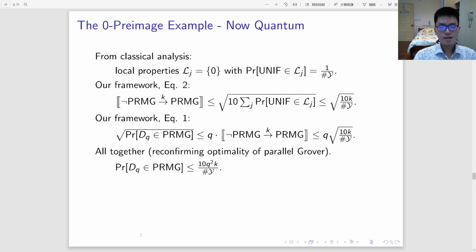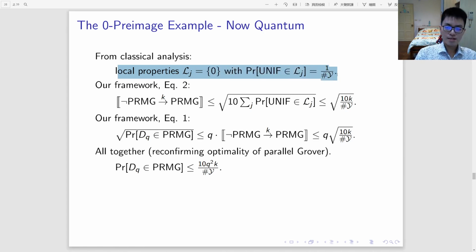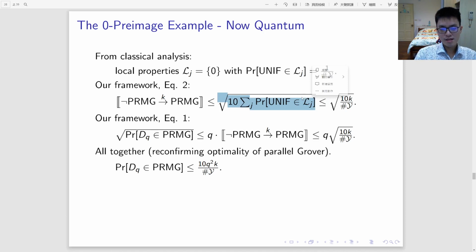Now let's see how we use our framework to prove the hardness of the zero preimage problem in the quantum setting. So first, recycling from classical analysis, we obtain the local properties and their small probability bound. And second, by plugging our probability of local properties into the formulas, we can now bound the transition capacities from not having a zero preimage to having a zero preimage.